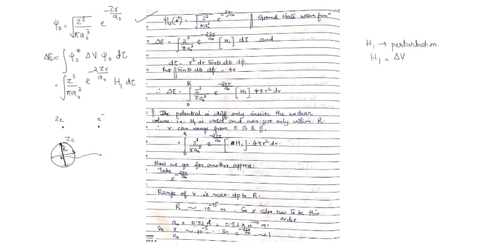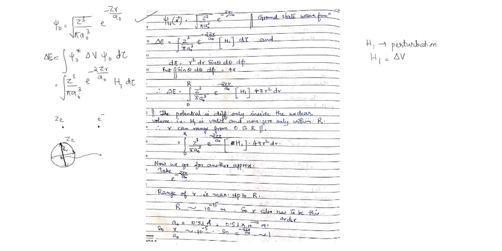Now here we also have in the integral d tau, which can be taken in spherical polar coordinates as r square dr sine theta d theta d phi. But we know that the integral of sine theta d theta d phi is nothing but 4 pi.